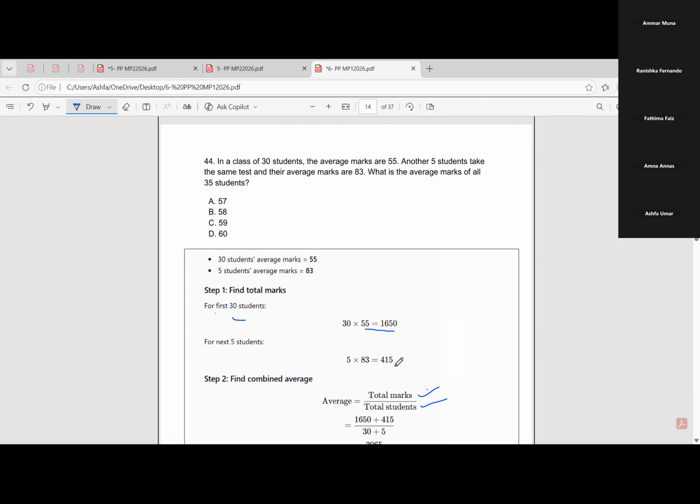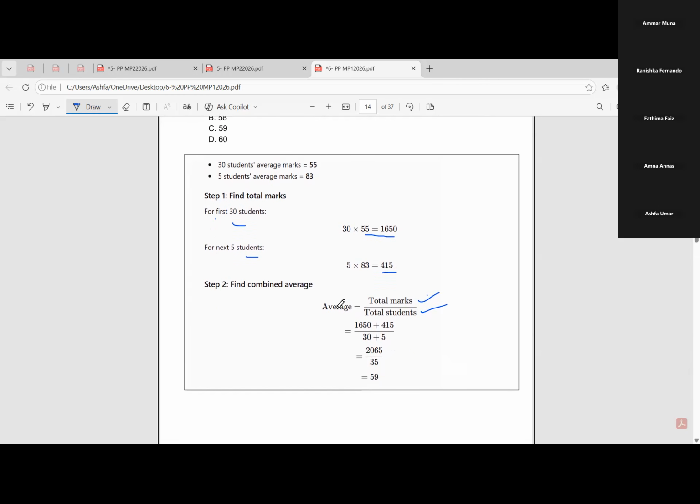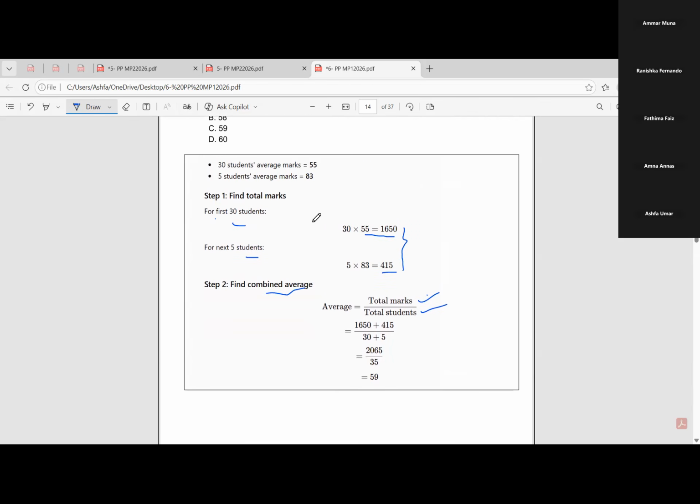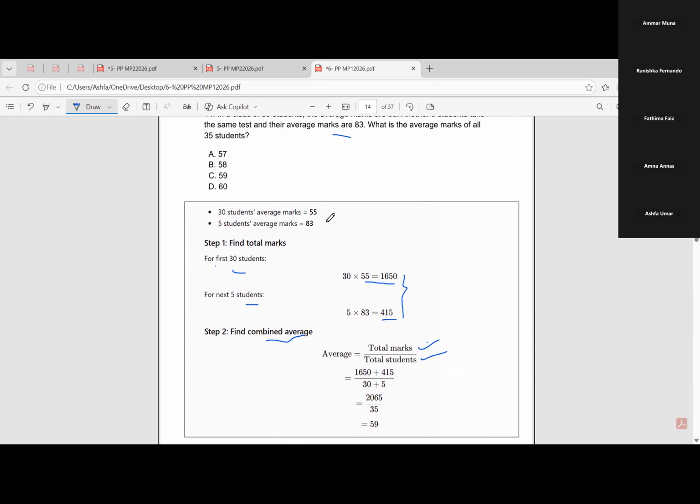For the next 5 students, the average mark is given as 83, and from that we can get the total marks. Then we have to combine the two. For that we add the two total marks and divide by the total students. Then we can get the average. So never average the averages directly; just don't add 55 plus 83 directly.